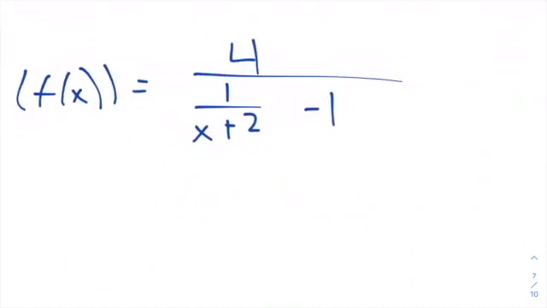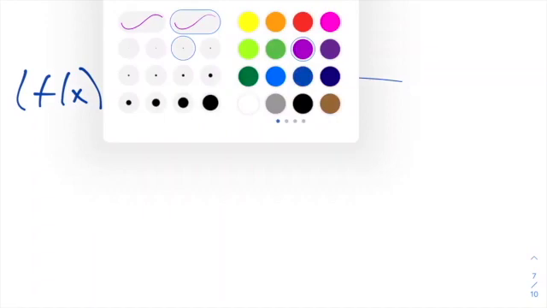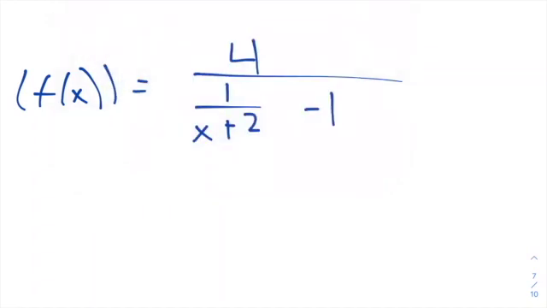This is a complex fraction. We are not cool with complex fractions. So what I need to do is get a common denominator for my denominator. So I'm going to multiply this by x plus 2 over x plus 2.